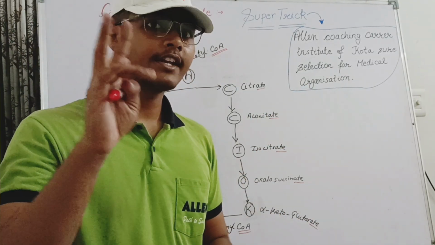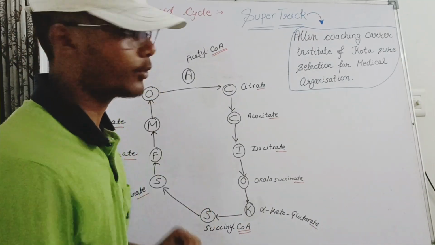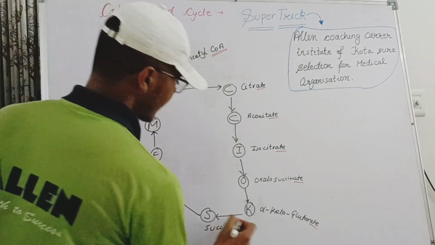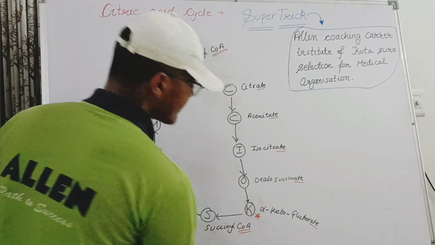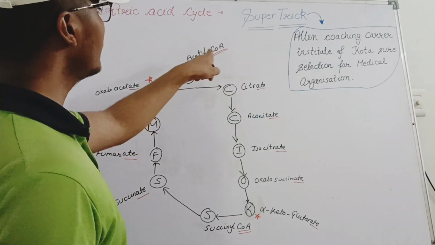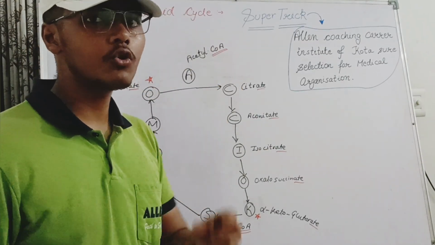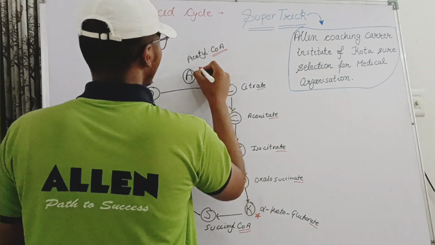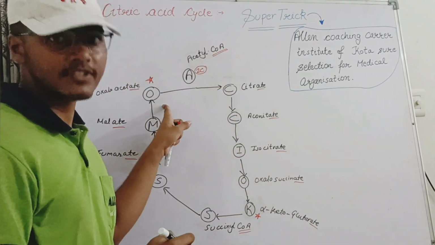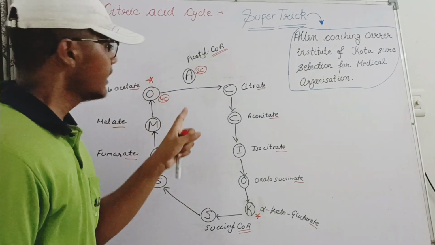Okay, now the next thing we have to remember is that here I will make two checkpoints, right? The first checkpoint is on this O and the second one is on this K. It means something special is going to happen over here. So now let's check it. First of all, as we all know, acetyl coenzyme A consists of 2 carbons, right? So here we can write 2 carbon. Now oxaloacetate, we remember it as a 4 carbon compound.